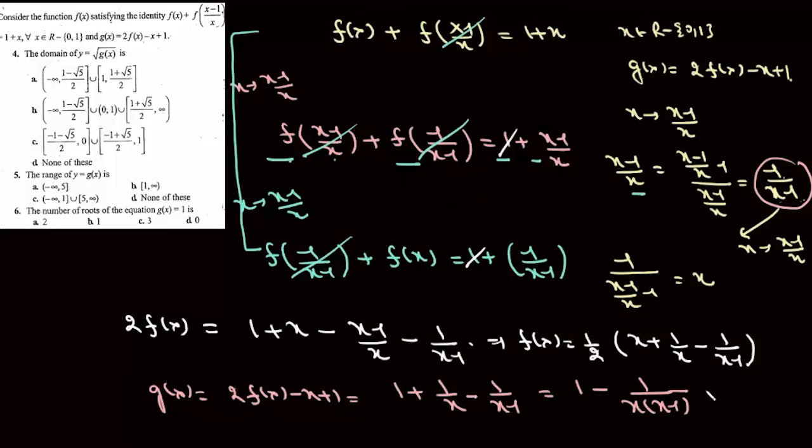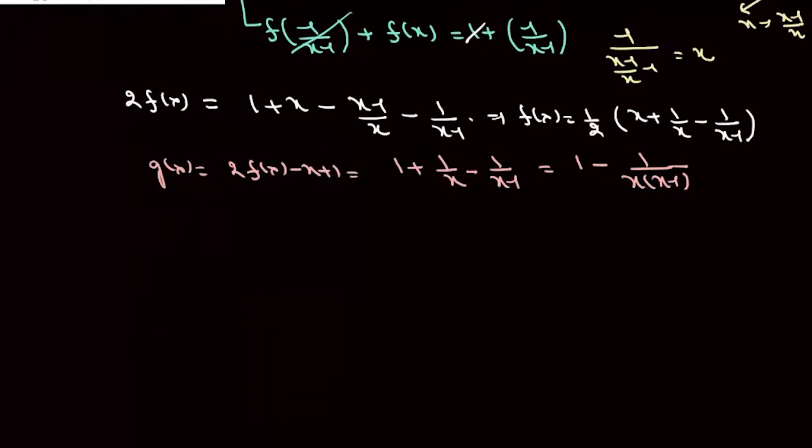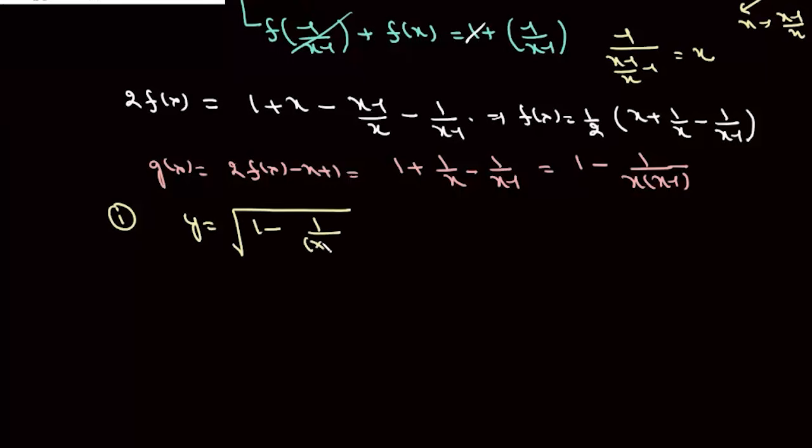Now first question is, we need to find domain of under root g(x). So we need to find domain of under root of 1 minus 1/(x(x-1)). So clearly it will be 1 minus 1/(x(x-1)) greater than or equal to 0.